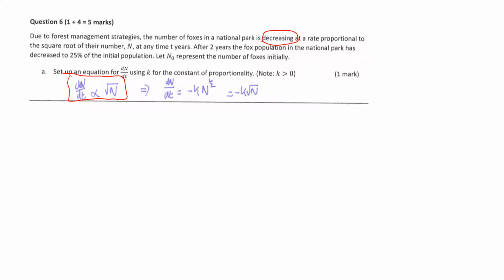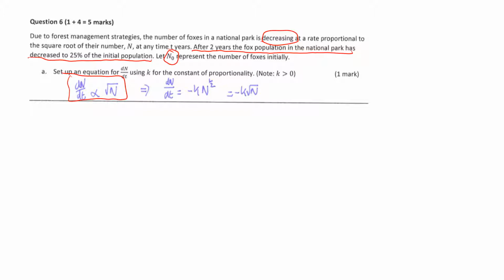Okay, then you're given some extra information. After 2 years, the fox population is 25% of the initial population, and we're going to represent n0 as the initial population of foxes. So initial conditions will help us with the constant of anti-diff, and the extra information will help us with the constant of proportionality.